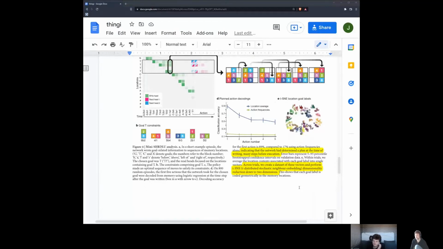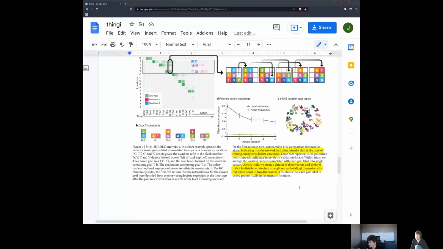Or it just means that it's deterministic-ish. But it doesn't make sense for it to be deterministic, right? What I would think is, do the goals always come in the same sequence, and it just always puts it in the 800 random episodes?